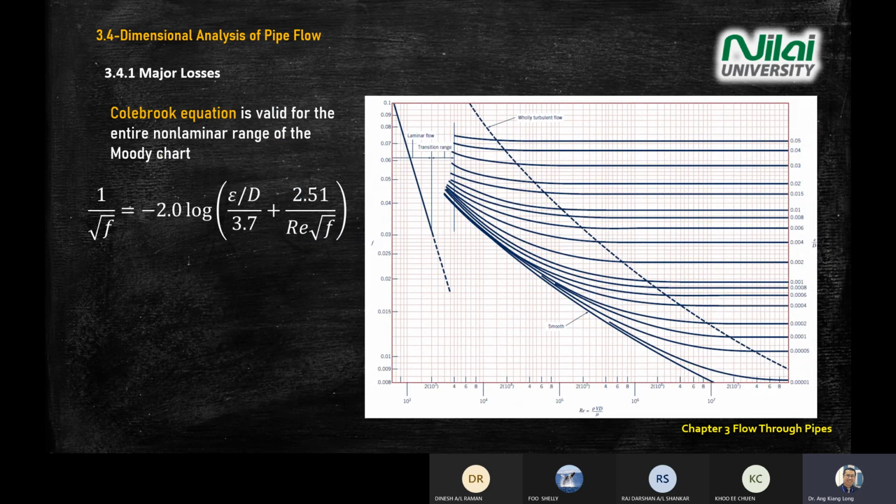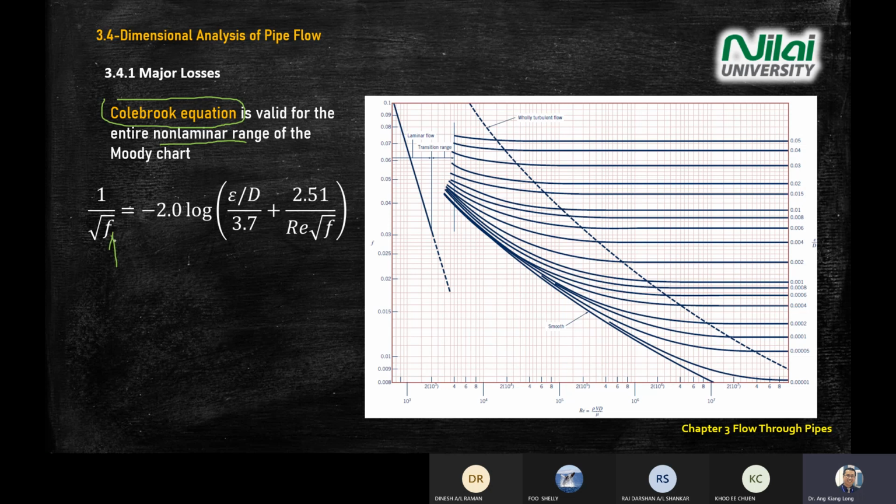Equation: if you have a non-laminar range, you will use the Colebrook equation, given on the screen here. All these lines you see here use a logarithmic equation to find the answer.